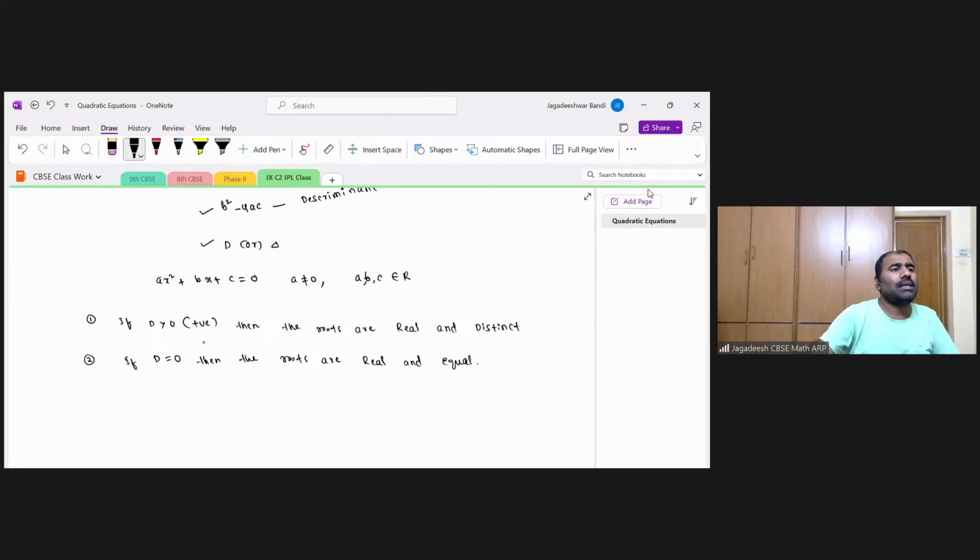Meaning if one root is 2, another root is 2. If one root is minus 3 by 5, the other root is also minus 3 by 5. So it will have two same roots, equal roots.